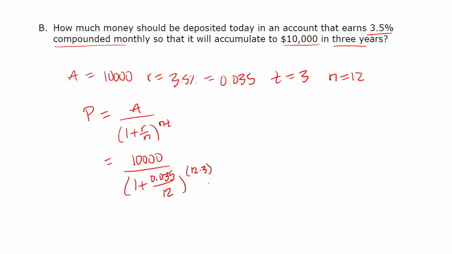When we enter that into our calculator, we will get the value $9,004.63. Again, remember to round up so that we have enough deposited in the beginning in order to reach our goal.